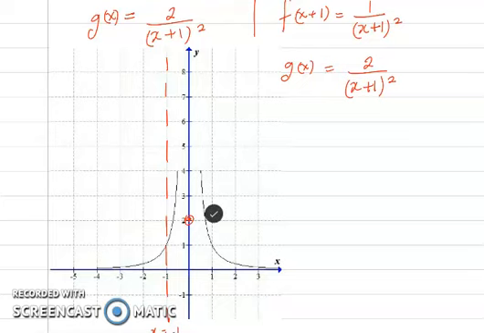Now the point 2, 1/4: move it 1 unit to the left, it becomes 1, 1/4. Then stretch it by a factor 2. The y coordinate, which is 1/4, multiplied by 2, gives 1/2, and that becomes the point 1, 1/2.